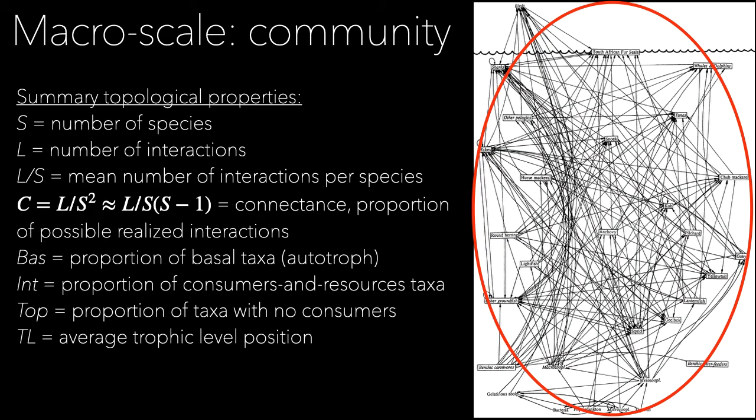Let's focus now on the macro scale, on the overall structure of the food web. This is first described by what we call topological properties.